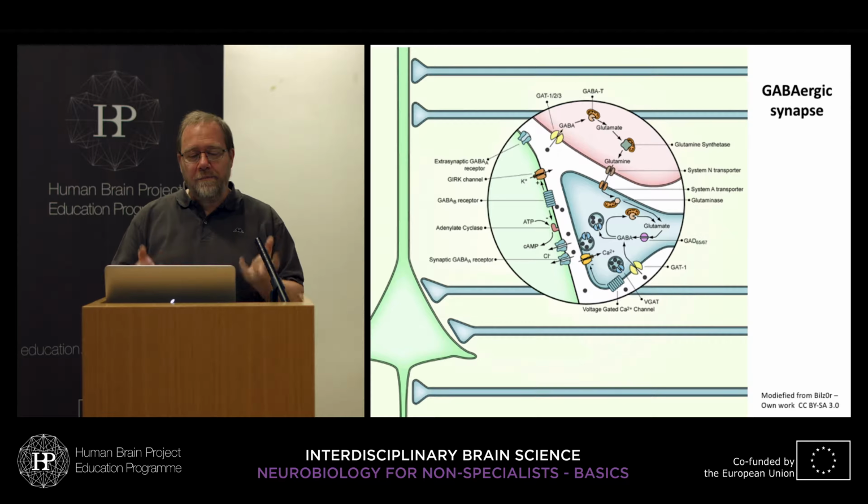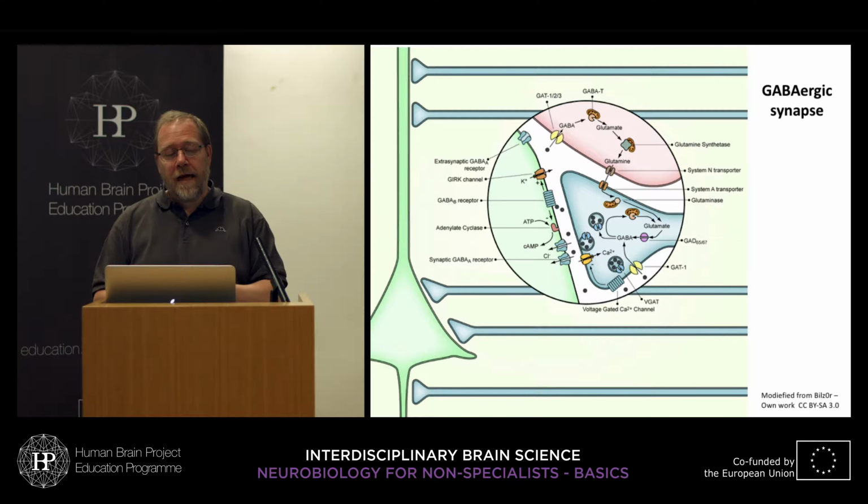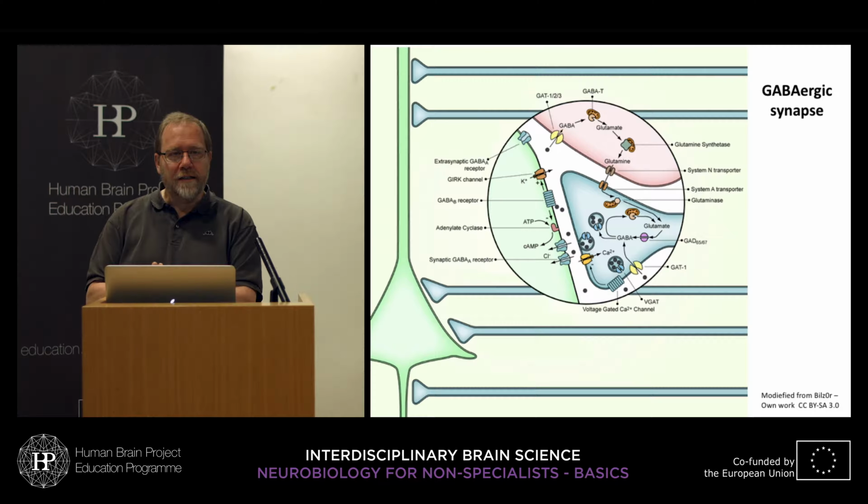So this cleanup is done by so-called transporters in case of gamma-aminobutyric acid, which is the main inhibitory neurotransmitter in the brain. Same happens to glutamate, which is the main excitatory neurotransmitter in the brain. There might be some other things like acetylcholine, which can be cleaved in the synaptic cleft, but all these processes are very, very fast.